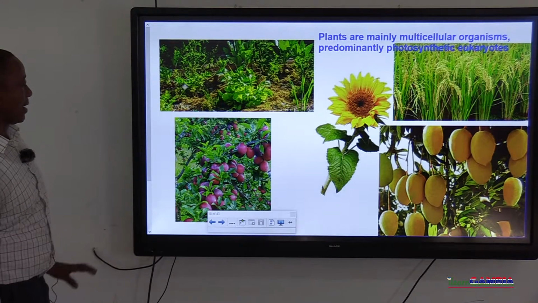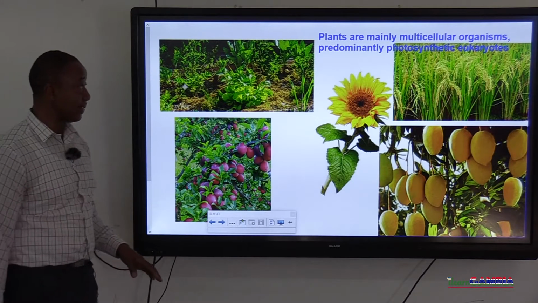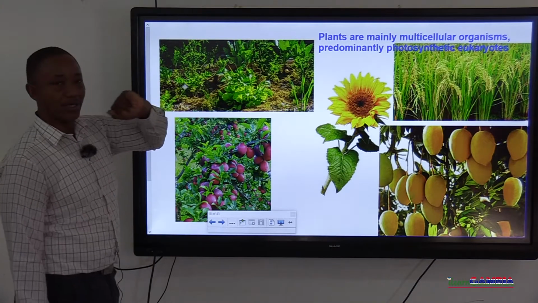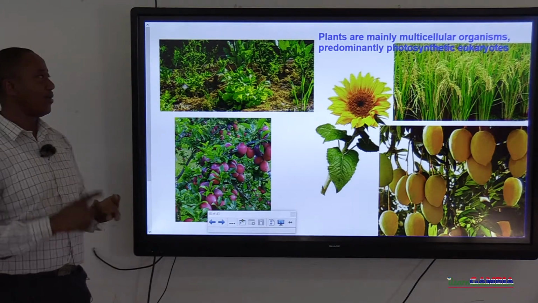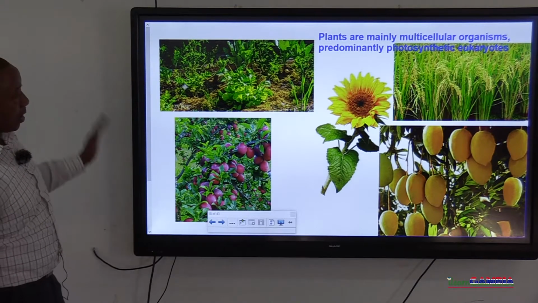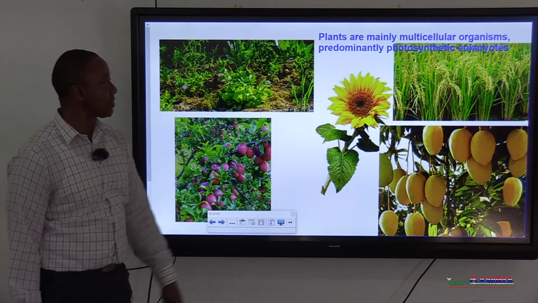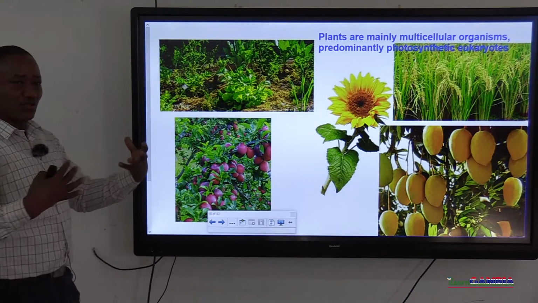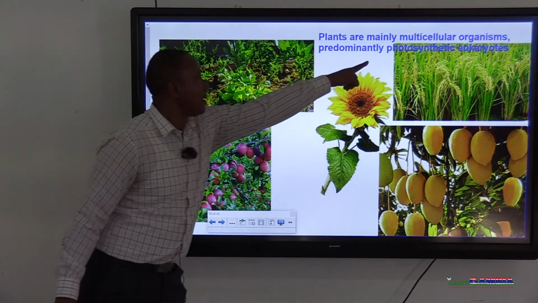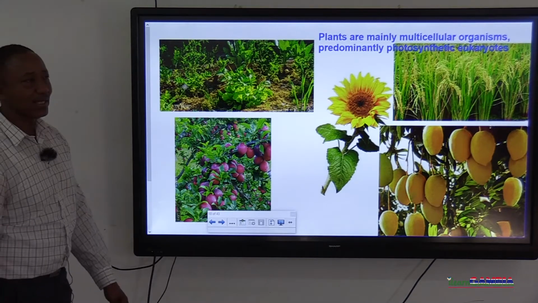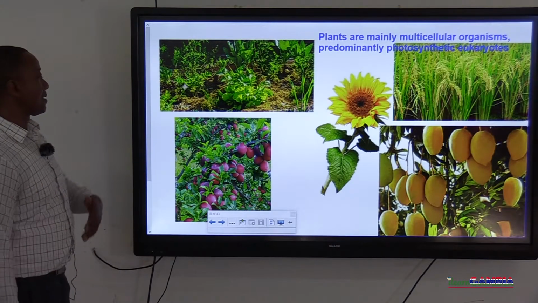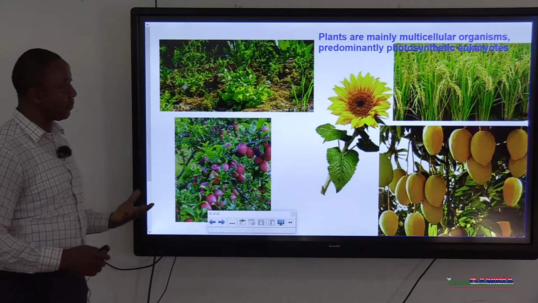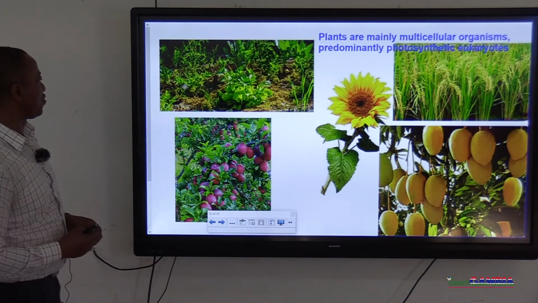So next we are looking at the plants, kingdom Plantae. Plants are multicellular. We will talk more about those later, unicellular and multicellular. But all plants are multicellular organisms, and what unites them is the fact that they carry out photosynthesis, and of course they are eukaryotic organisms, which means they have the true nucleus.